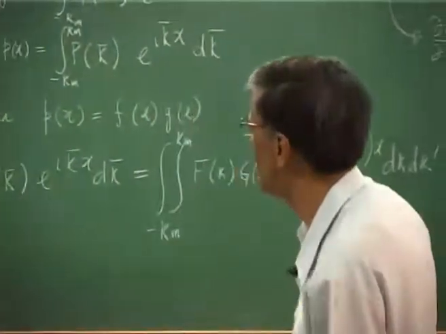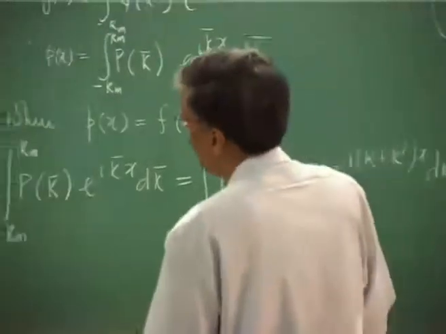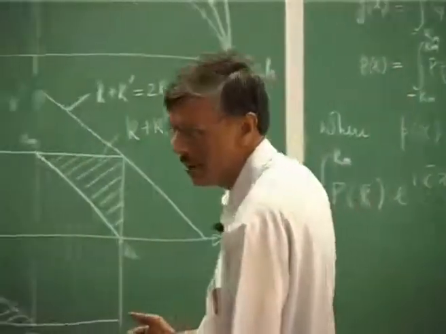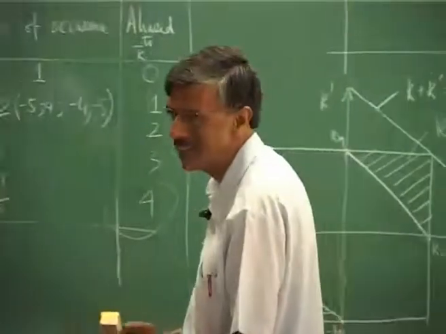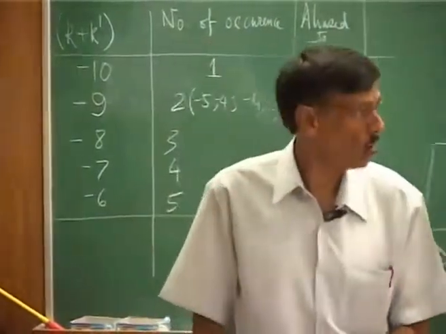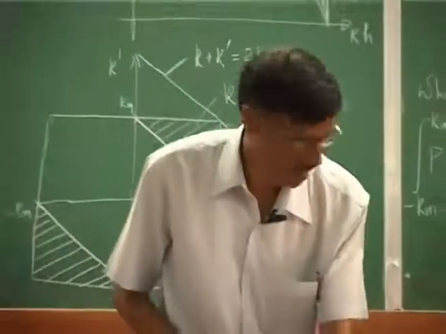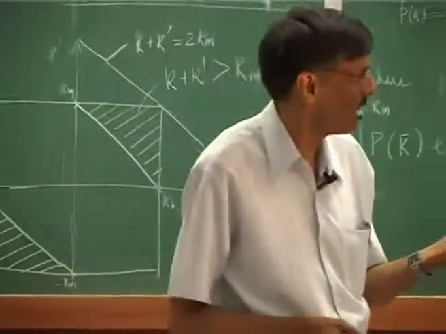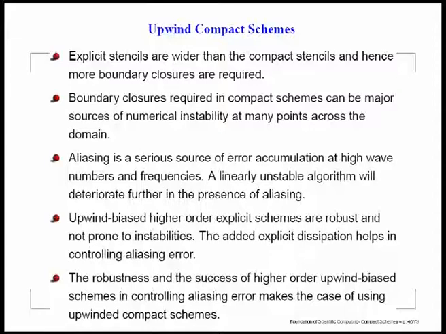So as we matured, we became better in our ability, we started seeing aliasing which we thought was not there in the first place. So that's the observation we made in the last class, that aliasing is a serious source of error accumulation at high wave number and frequency. Now you understand why I said that. A linearly unstable algorithm will deteriorate further in the presence of aliasing.